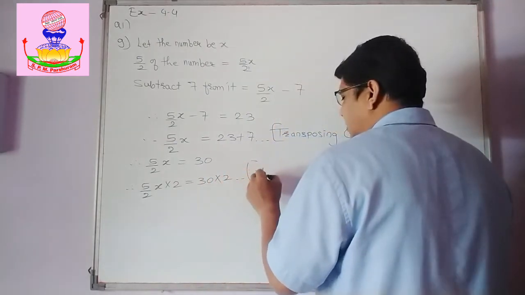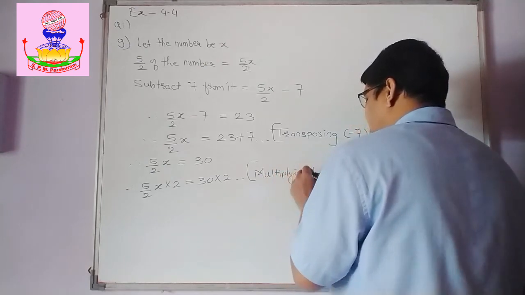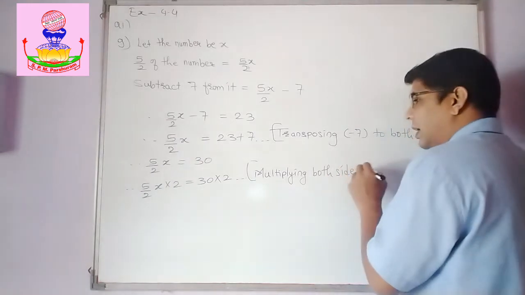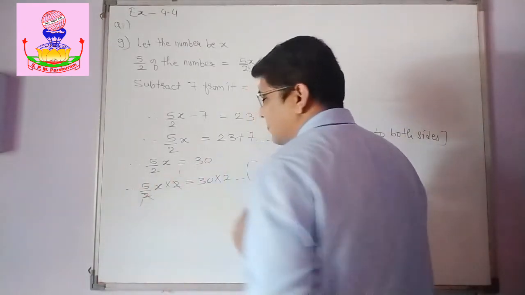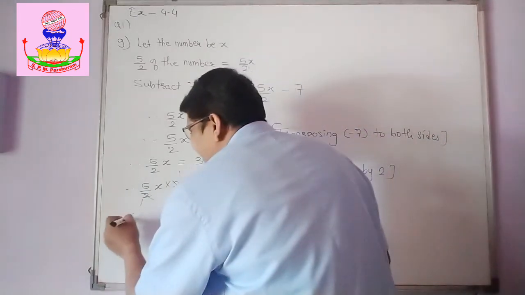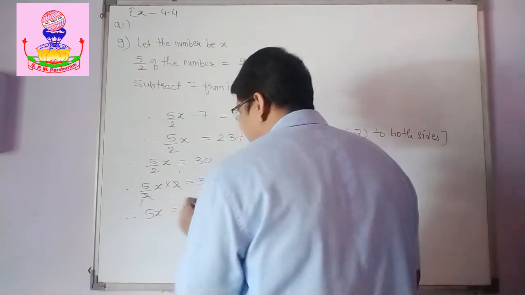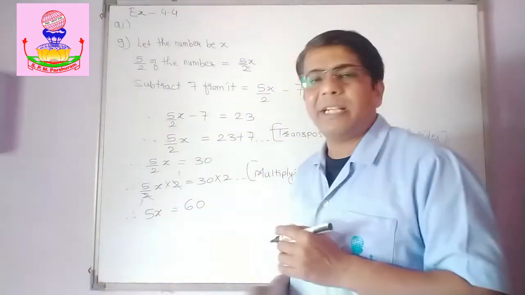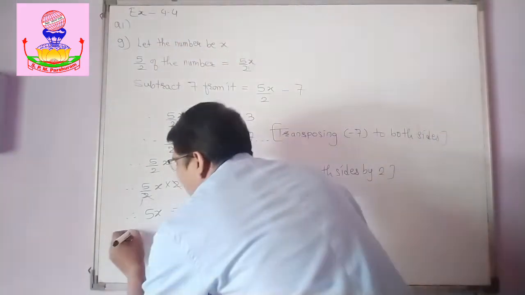What do you do? Multiplying both sides by 2. Okay, so 2 ones are 2. Right? So 5x is equal to 60. Or if you don't multiply, doesn't matter. Okay. Now here the sign is multiplication. Opposite of multiplication, right? Division.